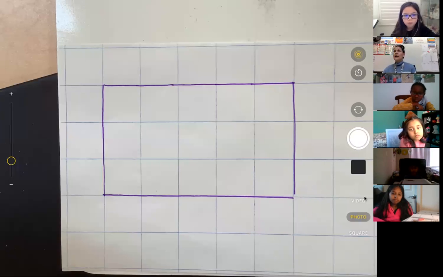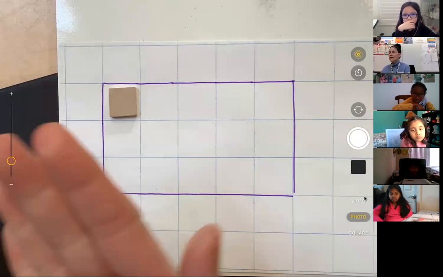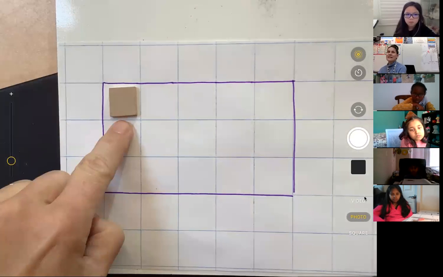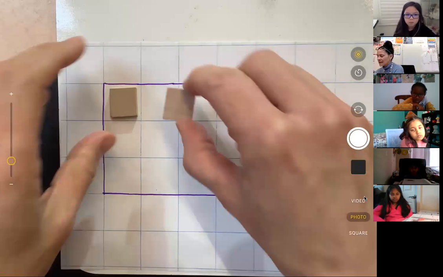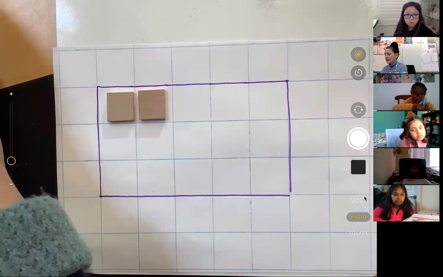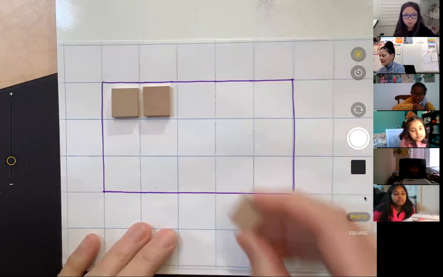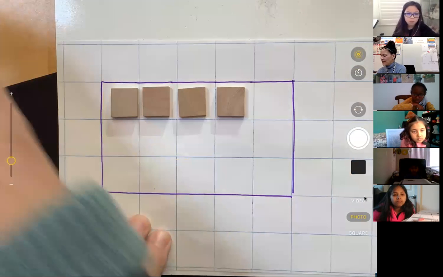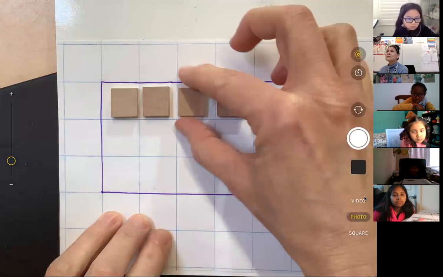Okay, so we need to find the area of this. So here we go. Scrabble tiles, face down. We're going to pretend that they're exactly the size of the squares, right? They're obviously not, but this is just to demonstrate what we do when we're finding area. So we're going to need to cover all this up. So far, I've used 5 Scrabble tiles, right?